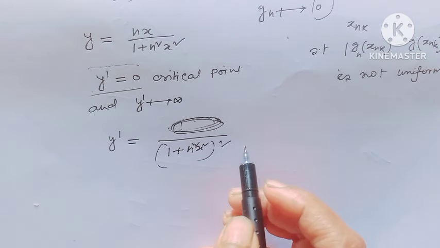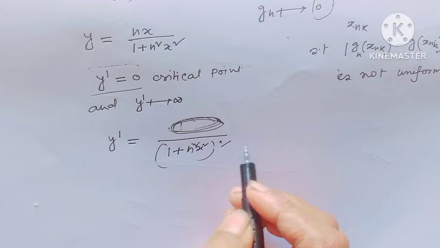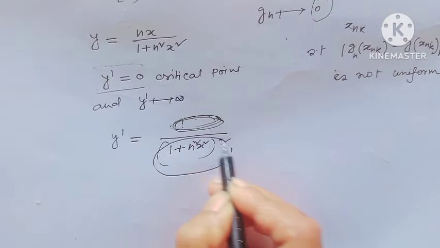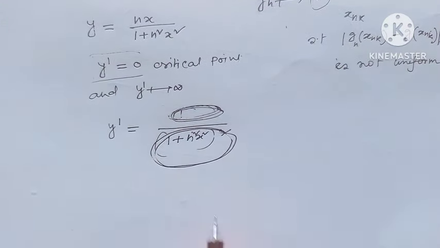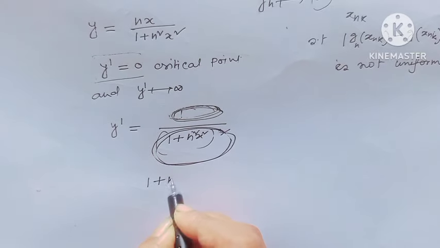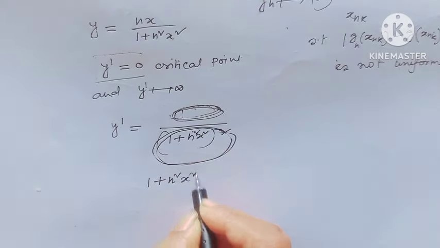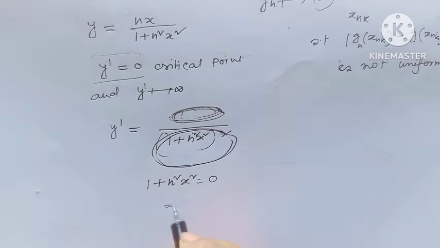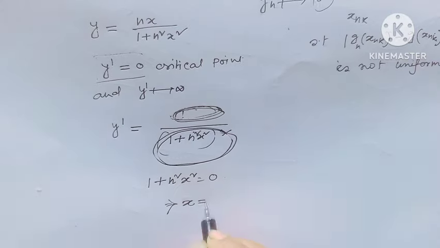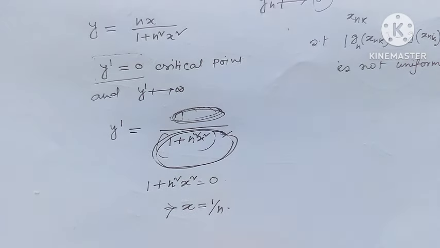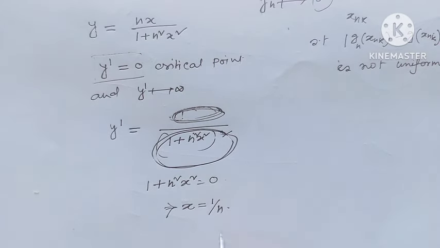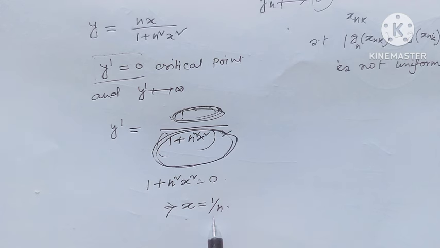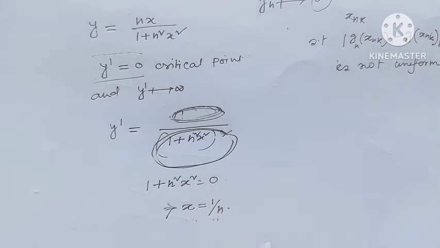Y dash tends to infinity when this part would be 0, that means 1 + n² x² equal to 0, that implies x equal to 1 over n. At this point the function has a critical point, and at x equal to 1 over n the function has a maximum value.